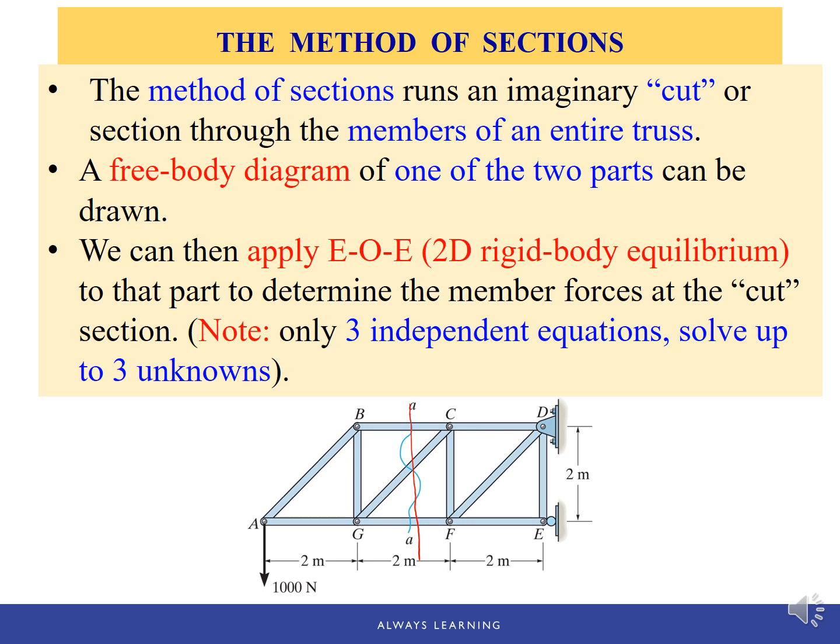We apply the equations of equilibrium to the part to determine the member forces at the cut section. Keep in mind, for a single 2D rigid body free body diagram, we can only solve up to 3 unknowns. That's why when we are looking for the forces in no more than 3 truss members, the method of sections is what we choose first. Okay, let's apply those steps to see how to solve the forces developed in BC, CG, and GF.